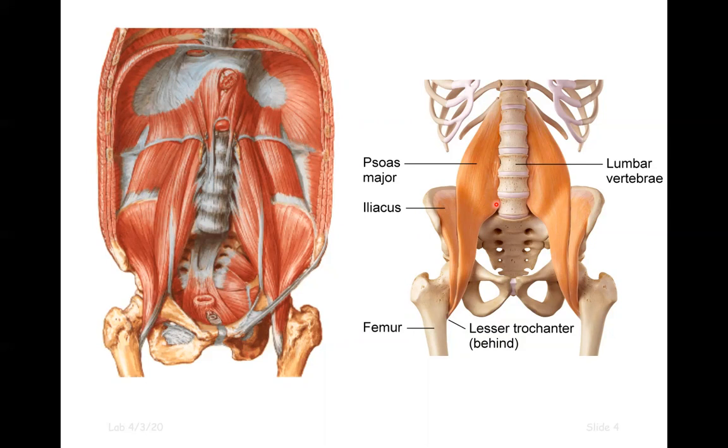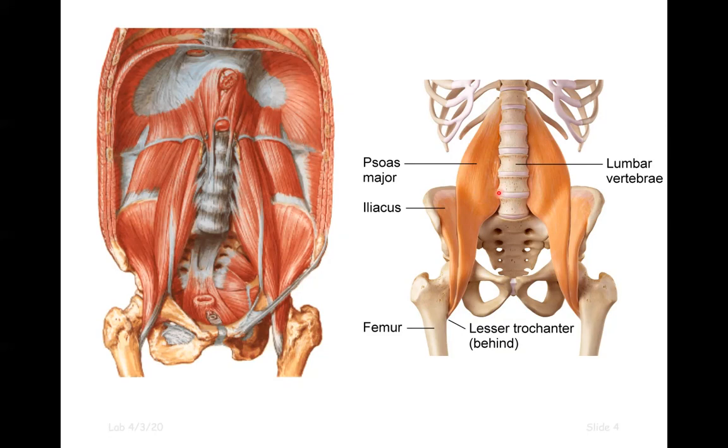And when you're flexing the hip, you're using psoas major. This is one reason why when you think you've done a really hard ab workout, sometimes your lower back, your lumbar region hurts. And that's because you've overworked psoas major, with just pulling on those lumbar vertebrae. So it's playing that role in hip flexion and in spine flexion.